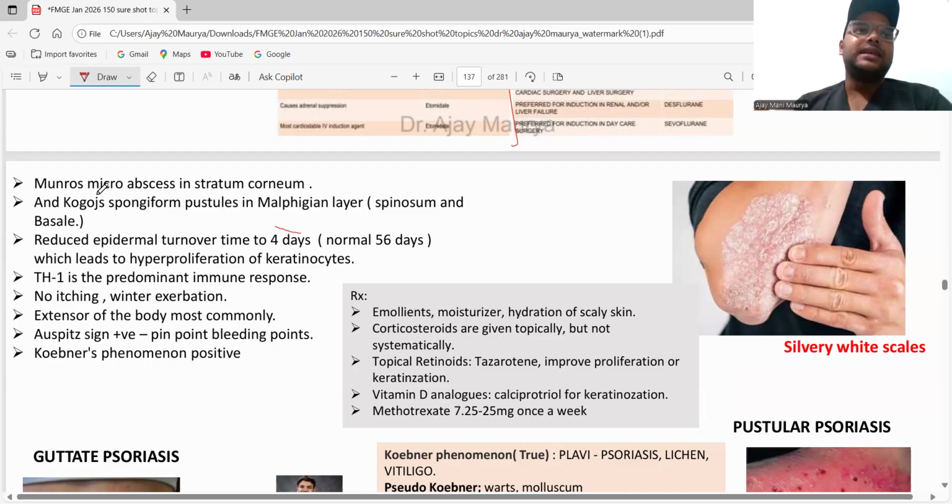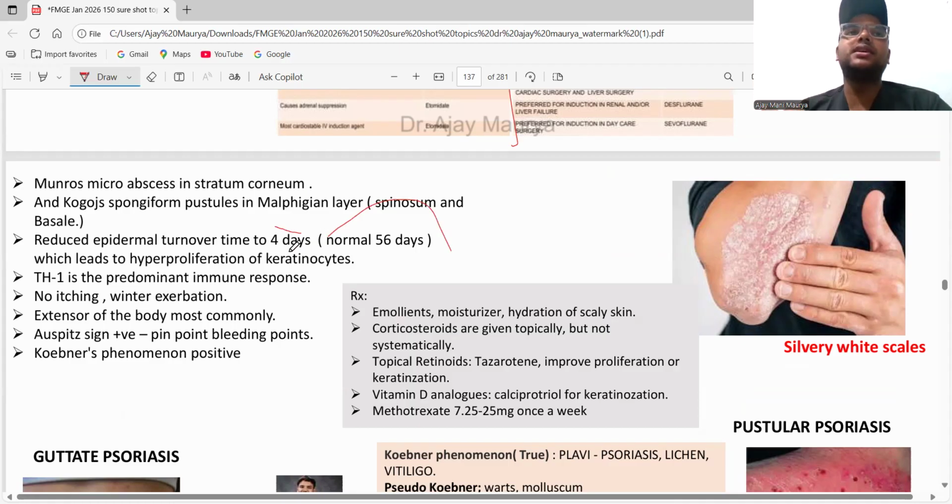Actually, Ram, see here, there is a reduced epidermal turnover time of four days. The epidermal turnover normally takes 56 days, during which there is formation of new skin.